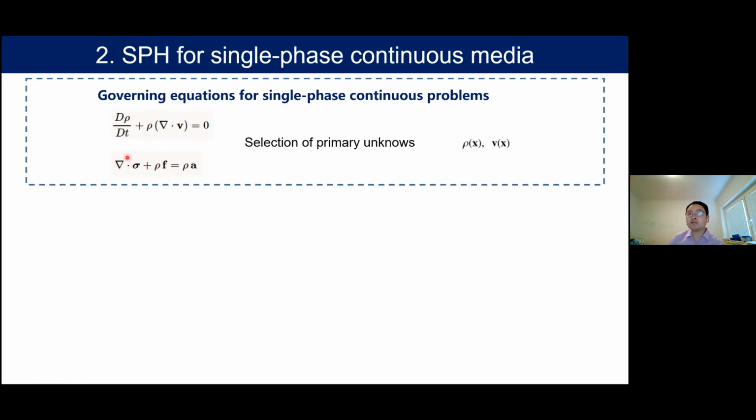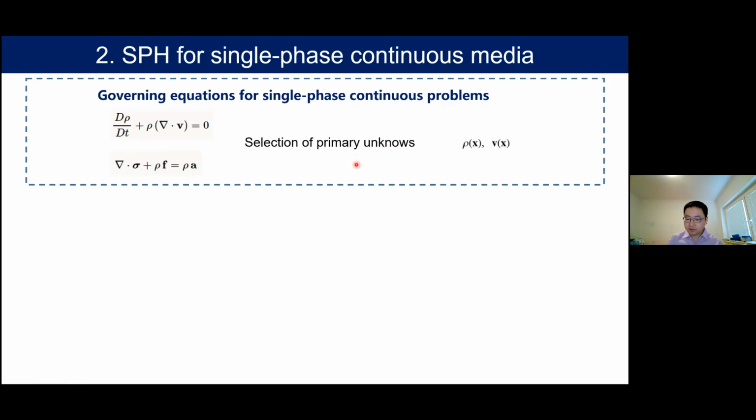For this set of governing equations, the primary unknowns are the density and the velocity. All the other variables, like the location, the acceleration, the rate of change of density, or the stress tensors, can be derived based on the density field and the velocity field. So these two variables are selected as the primary unknowns.